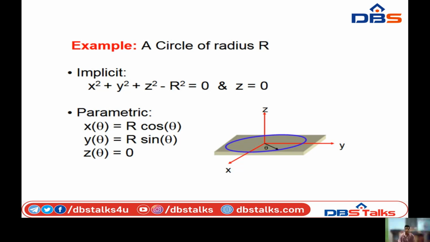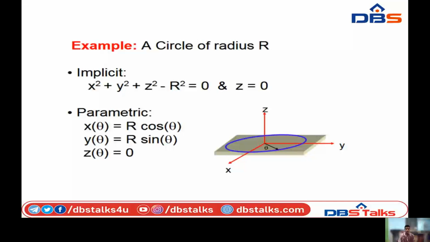Y of theta follows the same procedure as x of theta. Y of theta is equal to r sin theta. Here y will be the opposite side, so I am writing r sin theta.